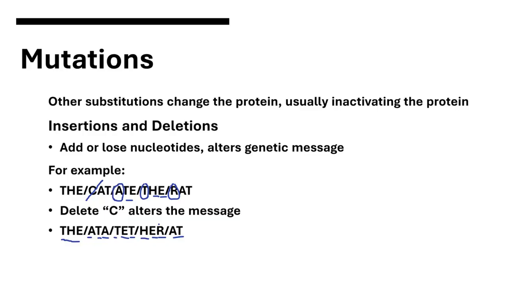So if we have a deletion that happens within our DNA strand, and we start to build our protein from it, we're going to have to change our codons because our codons have to have 3 bases. So that means just about every amino acid downstream of that mutation is going to change.